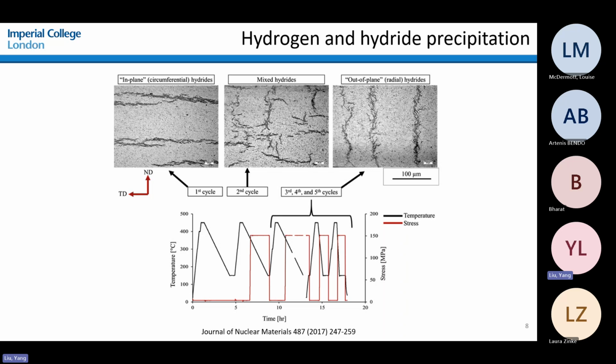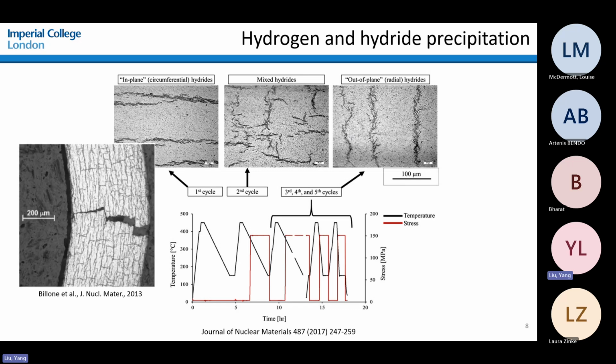Going into a bit more detail, when these hydrides go through long-term thermo-mechanical cycles, they would experience a reorientation, which is basically dissolving at high temperature and then reprecipitating in other locations, reoriented to a position that is bad for the material to sustain and also easier for cracking.